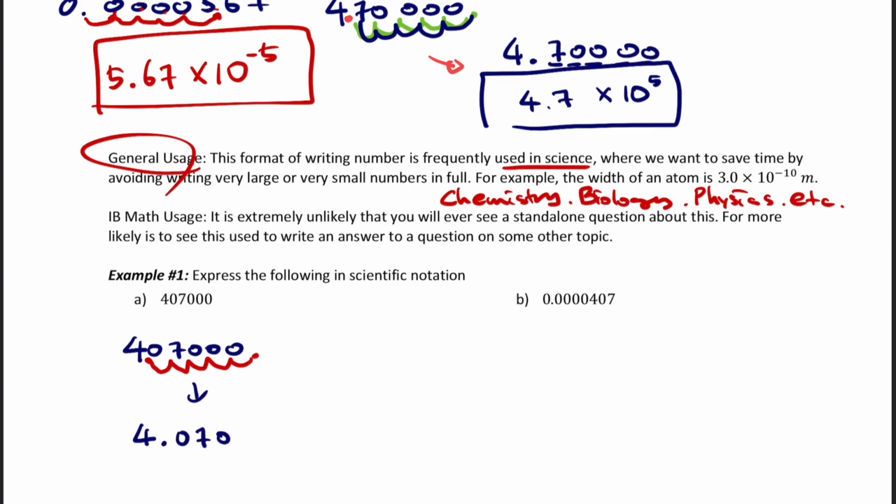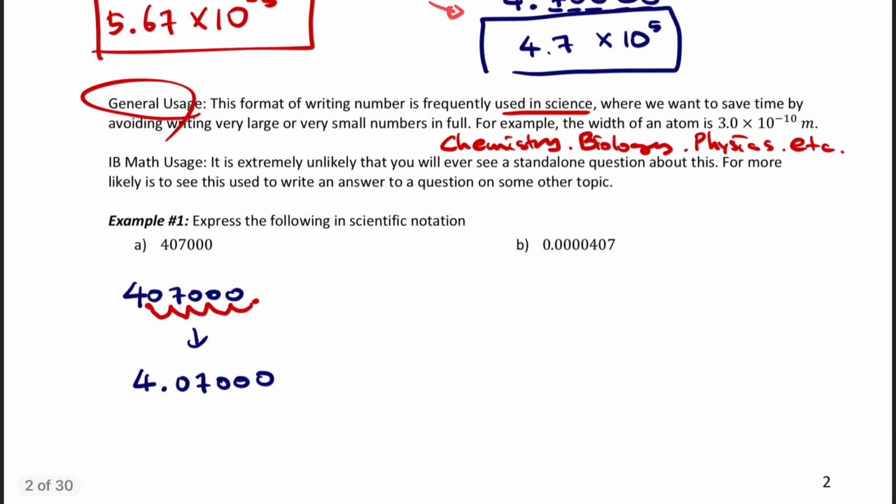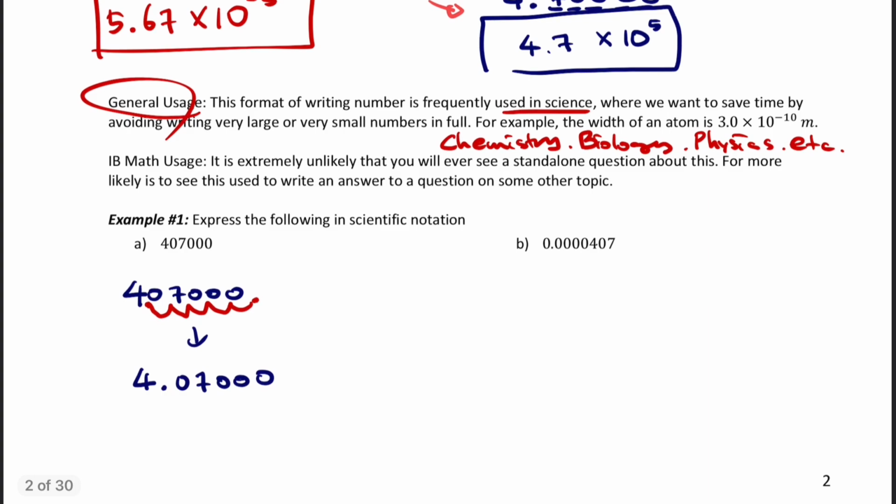You can see that we still have numbers left on the right hand side. We moved the decimal place 1, 2, 3, 4, 5 times to place it right after the 4. So we can write our answer as 4.07 times 10 to the 5. We can just get rid of all the zeros.